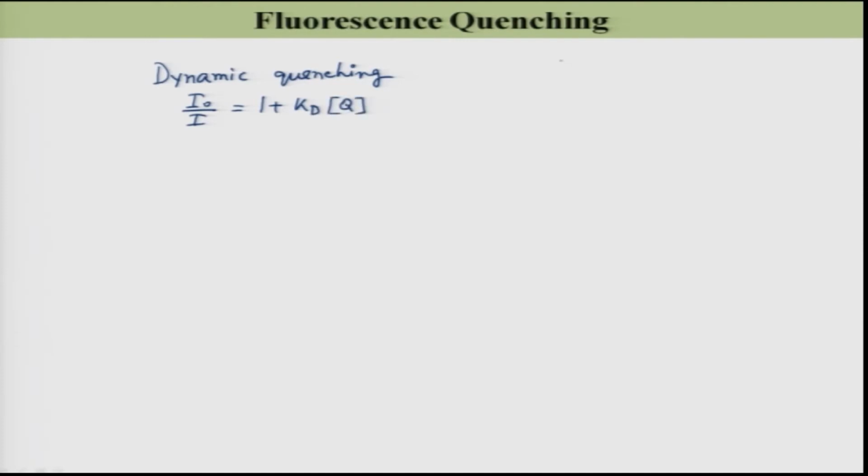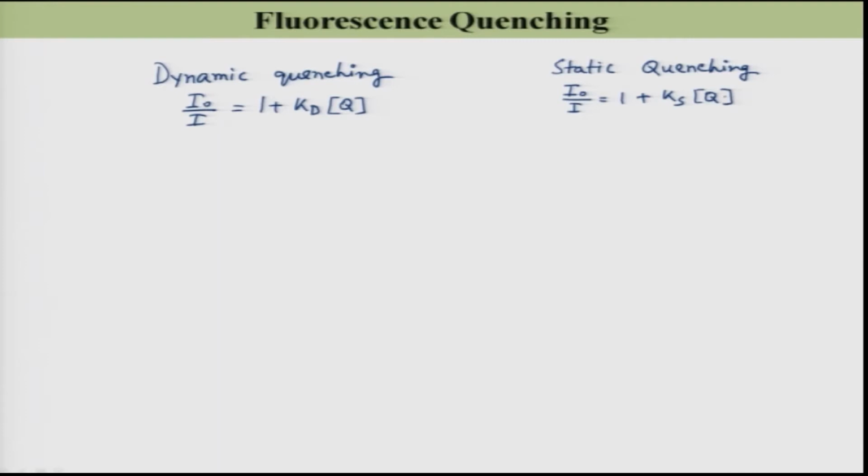Then the other type of quenching we discussed is static quenching, and in this case the equation is I 0 by I is equal to 1 plus K S times the concentration of quencher.